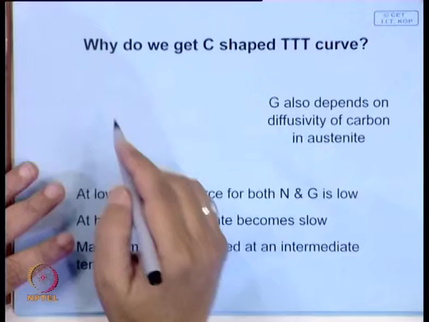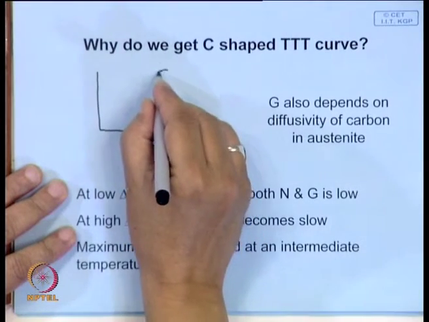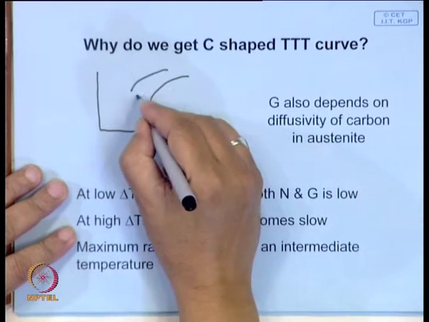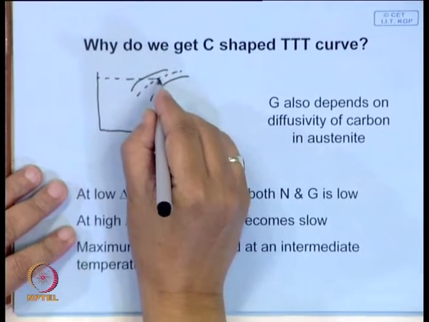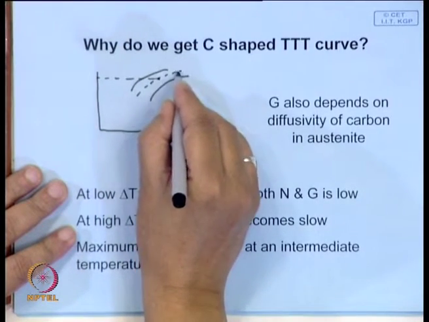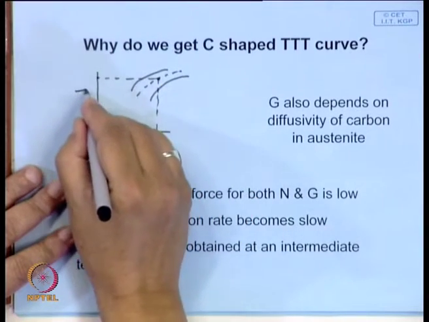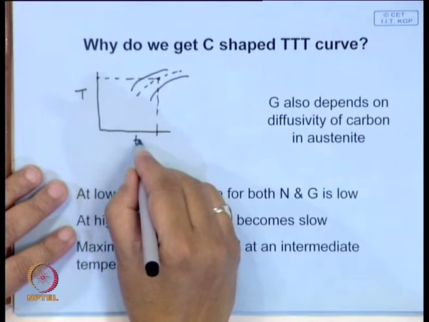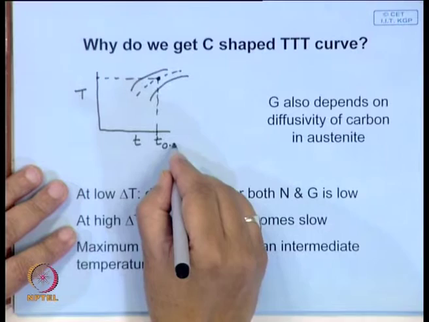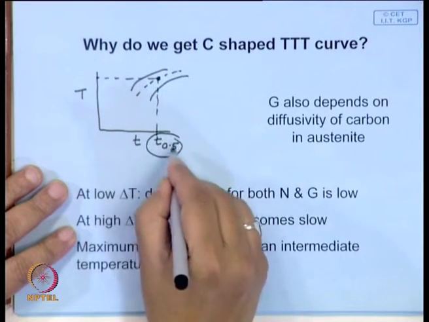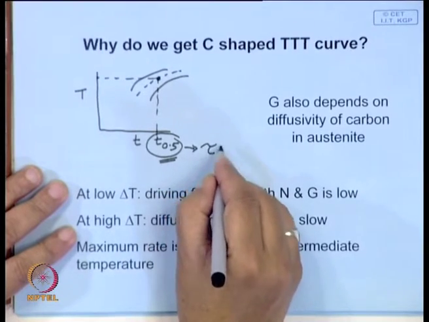When you have this CCT diagram, the continuous cooling transformation diagram, it is often convenient to represent transformation kinetics by this C shaped curve, which represents temperature versus time, the time for 50% transformation to occur, and which can easily be related to the tau.